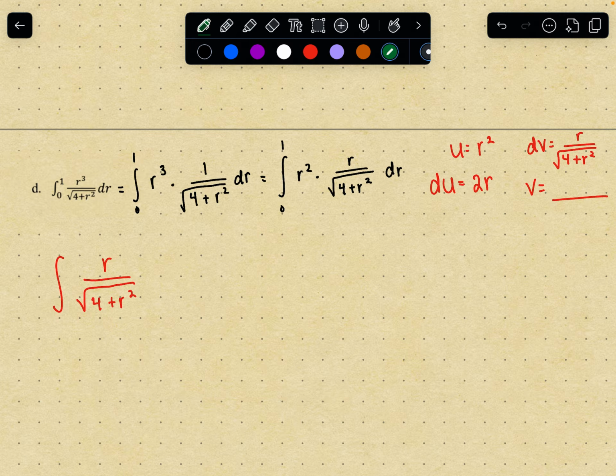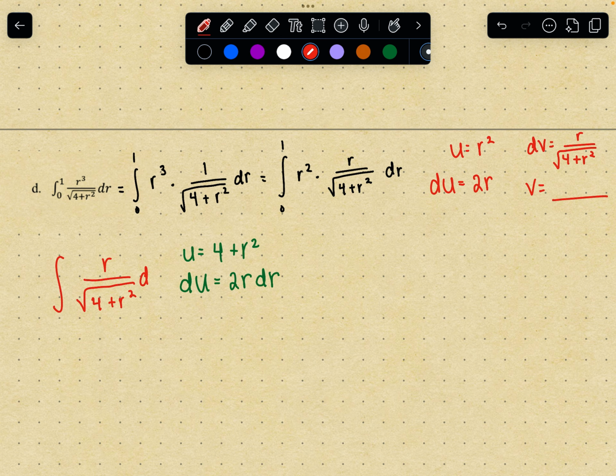But this is what I can say. I have an r squared here and I have an r here. I see a function and its derivative, kind of. That screams u sub to me. I see a function and its derivative.